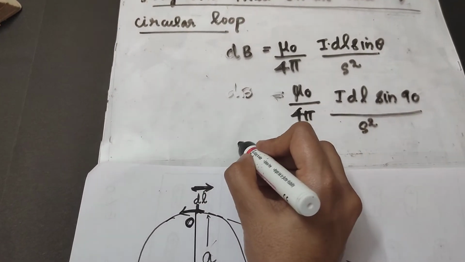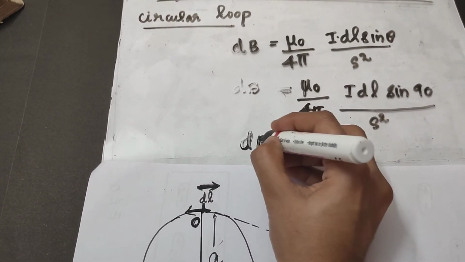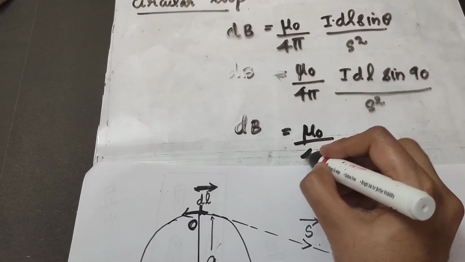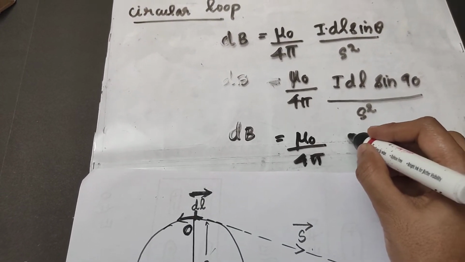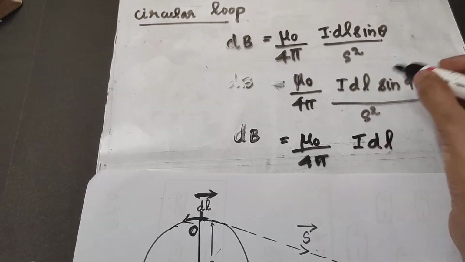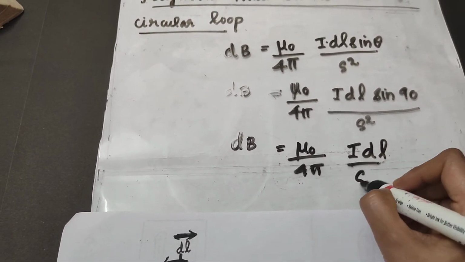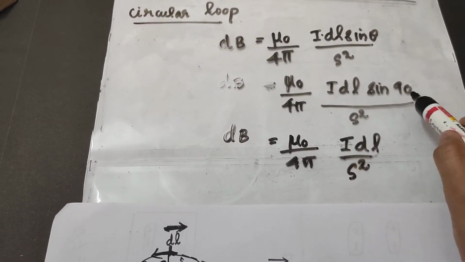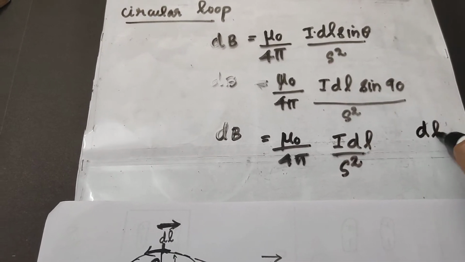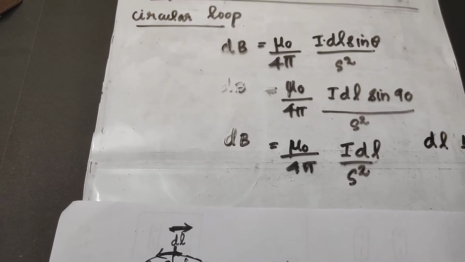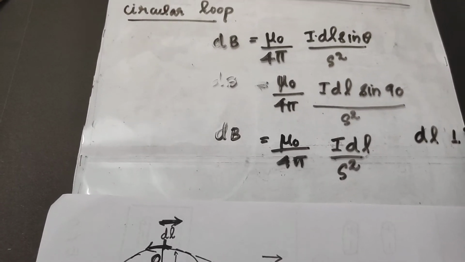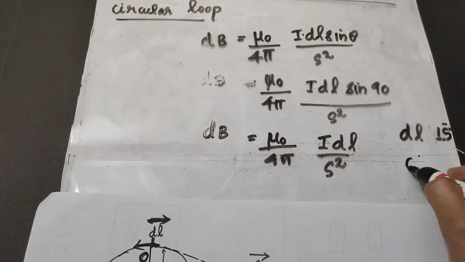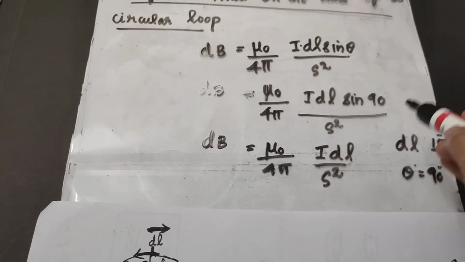So dB will become, dB is equal to mu 0 by 4 pi I dl by S square. Why is theta 90? Because dl is perpendicular to S. That is why theta equal to 90 degree.